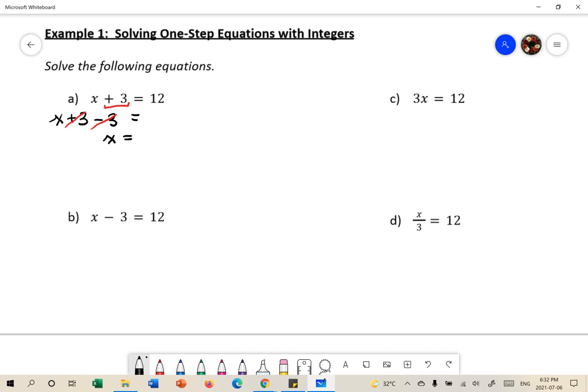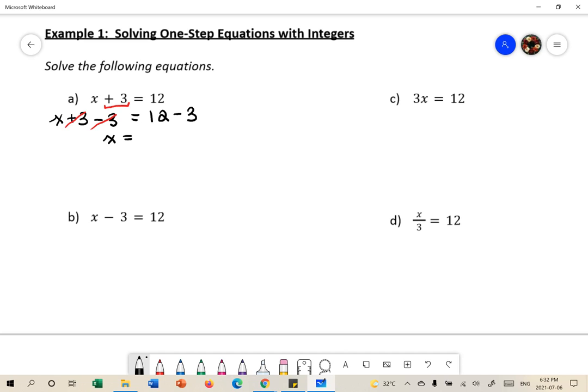Now I just inserted negative 3 on my left side. So now my left and right side are imbalanced. In order to rebalance this equation, I must also subtract 3 from the right side of my equation. So 12 subtract 3. And now my equation is balanced.